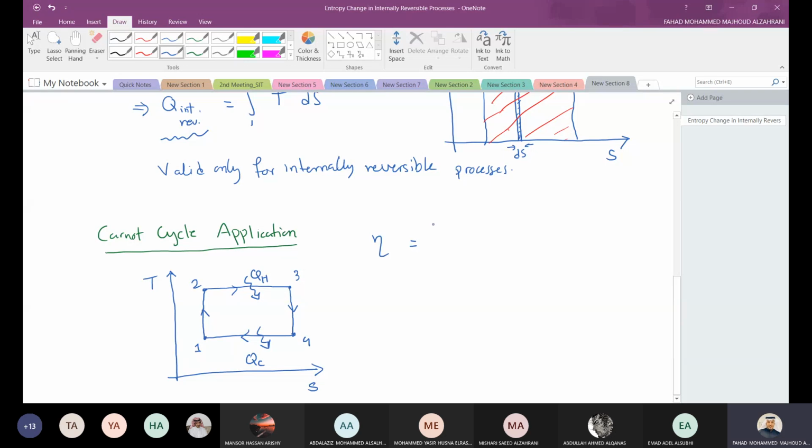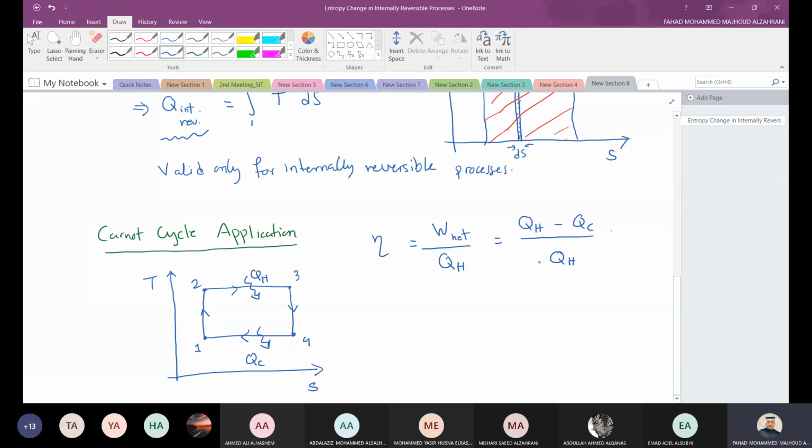The net work output divided by Q hot. Right? And what did we say Q net is? Q hot minus Q cold. So the efficiency is Q hot minus Q cold over Q hot.